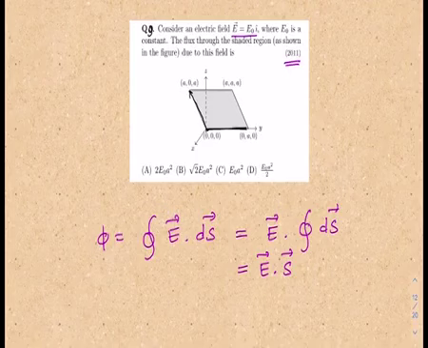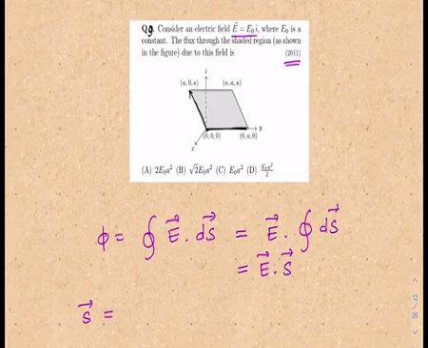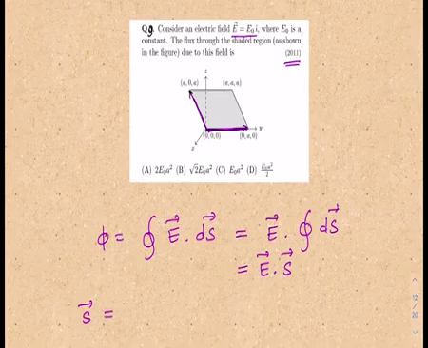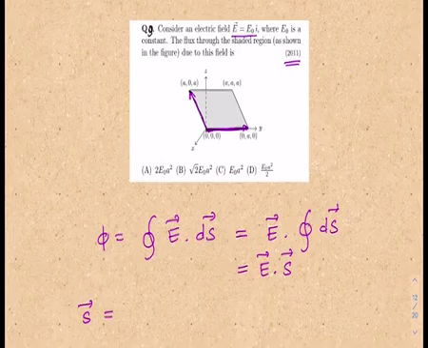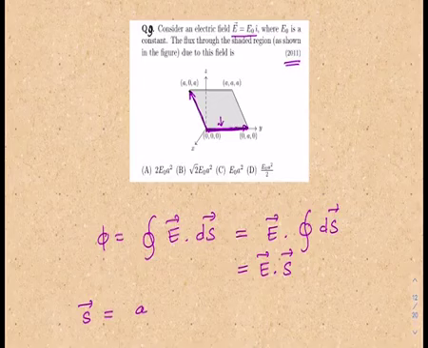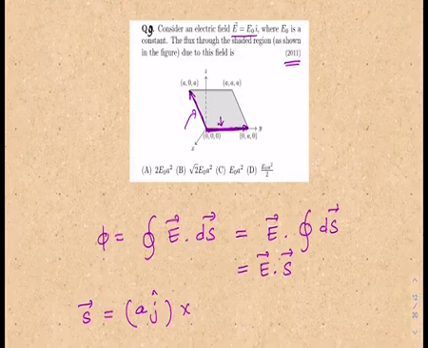Now this surface area vector S would be given by the cross product of the sides. This side is A, along the y direction only, A j cap, and you take the cross product with this other side.